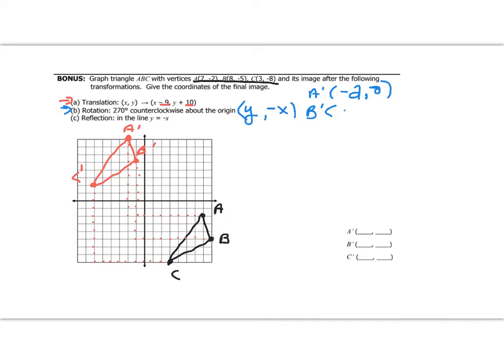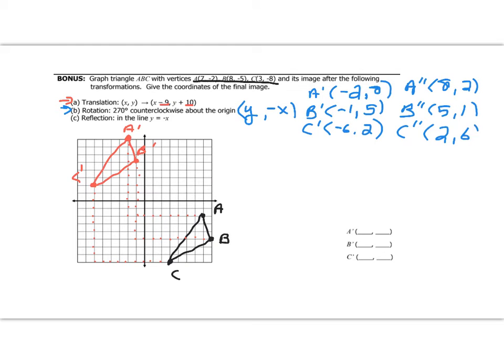So B is at -1, 5, and C is at -6, 2. So that means my new one is going to be flip them and change my X's sign. So flip and change my X sign, flip and change my X sign.